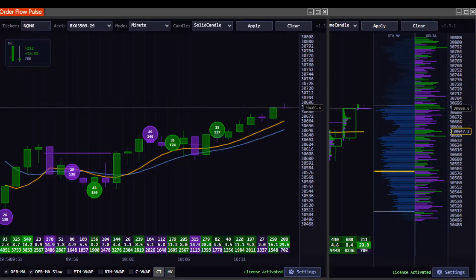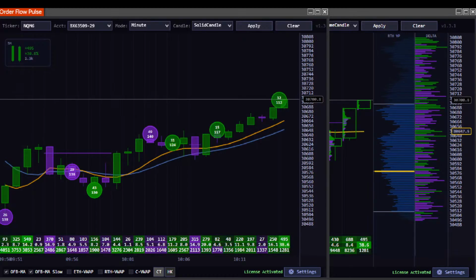Now that I got my auto trader working, it's actually exiting trades. I had a little bug in my code and it wouldn't get me out. If I was trading one contract, it would get me out fine. But if it was trading multiple contracts like it normally does, it wouldn't get me out. Let's say I was in two, it'd get me out on one, but then there would be a ghost order of one.